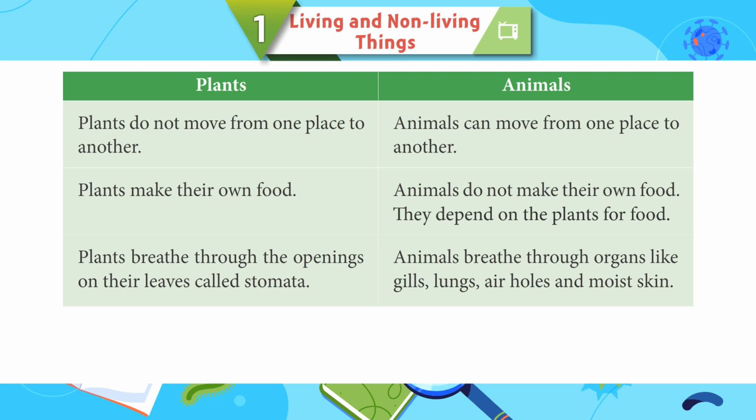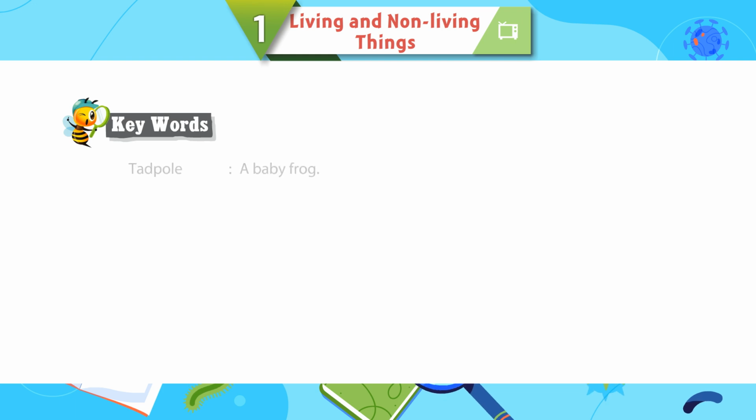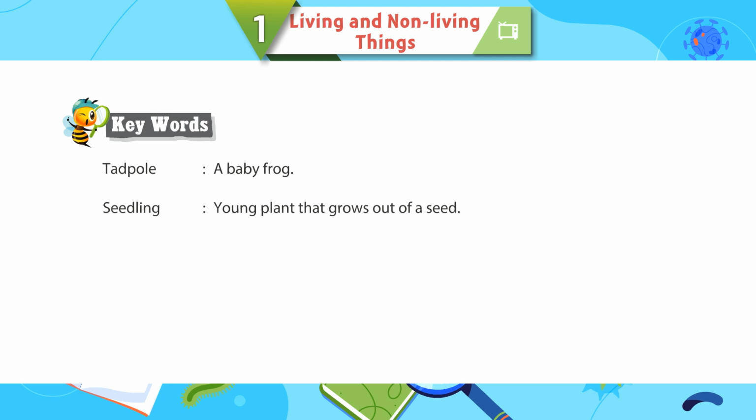Animals breathe through organs like gills, lungs, air holes, and moist skin. Plants do not have sense organs. Animals have sense organs.